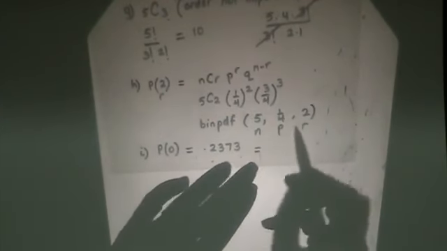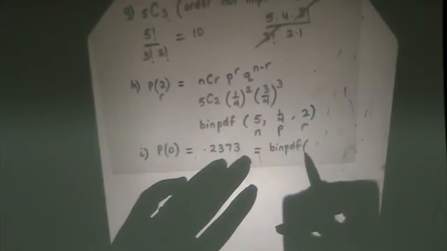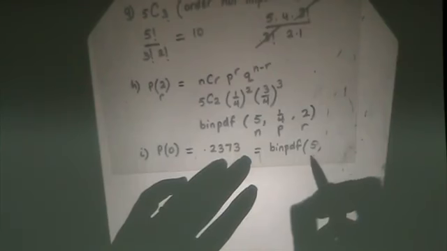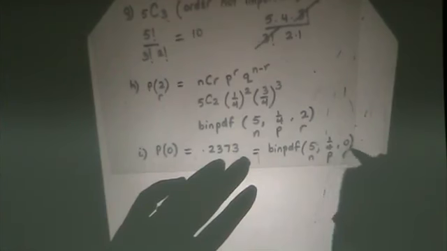It was obtained by going binomial PDF of n is 5, p is a quarter, and r is 0. We actually did it by hand. 0.2373. We have that value right here. So I'm just copying it from the table.